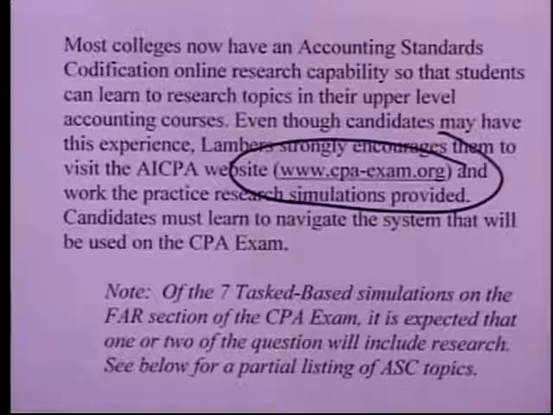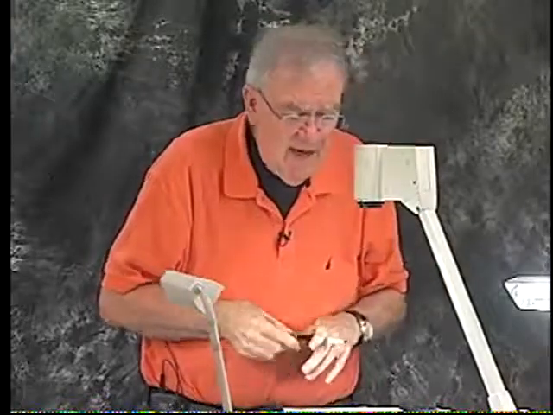All right? So please don't forget to do that. Go back and practice. If you did my introductory section, I say this is the last thing you do before you take the CPA exam. I always say, go back and practice. Even though you're good at work, you're good in college, look at their research engine.